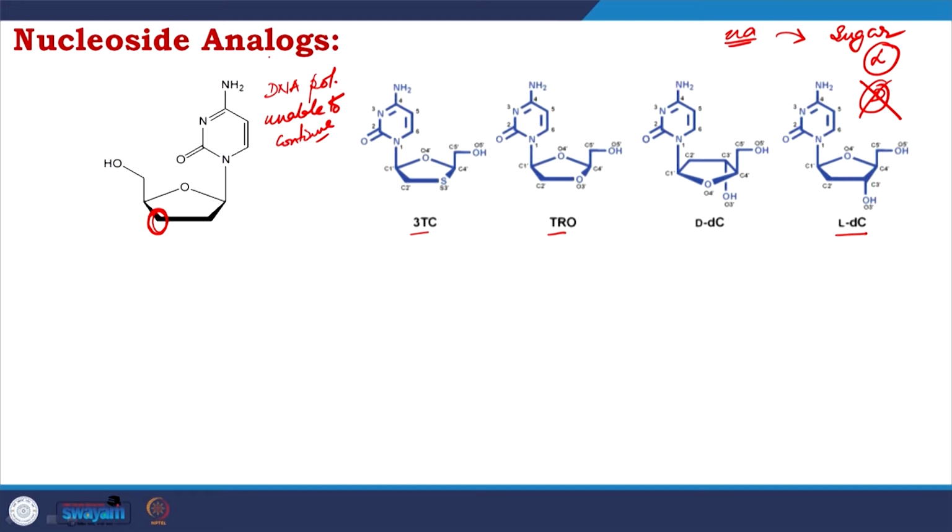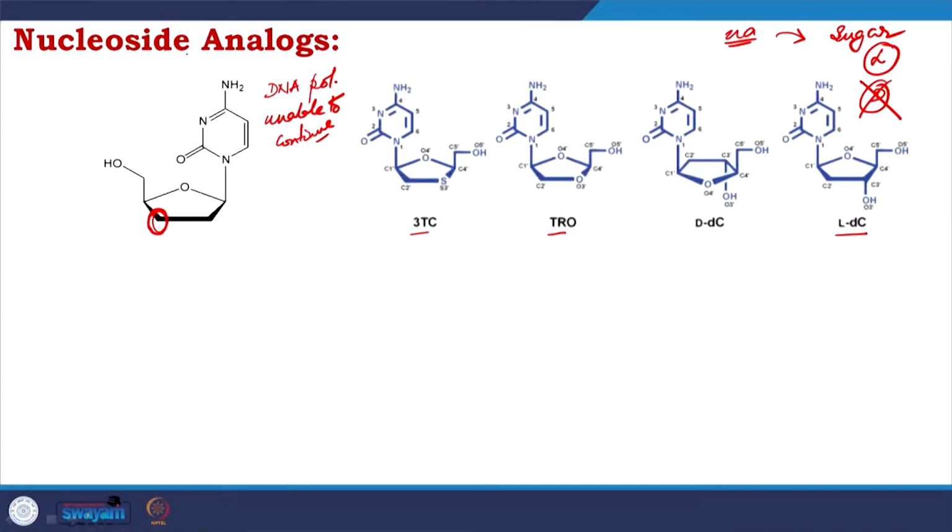They had a little bit more, I should not say specificity, I would rather say less non-specificity. So, they are killing the natural cells at a speed much less than what these dideoxy compounds are doing.